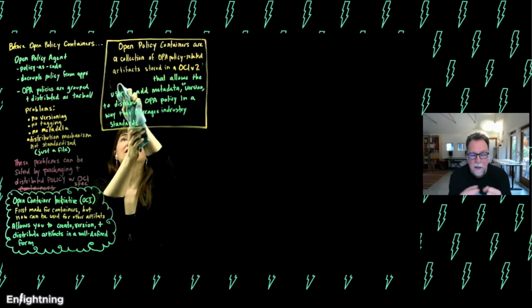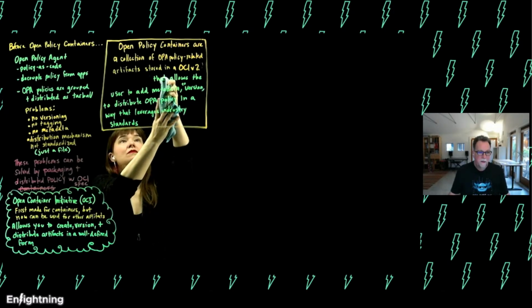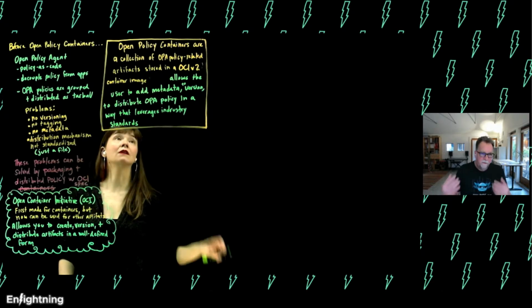An OCI image has an ability to describe metadata. The OCI image has a naming convention that says this is the registry, this is the image name, and this is the tag. And so that allows you to get the versioning aspect nailed down.